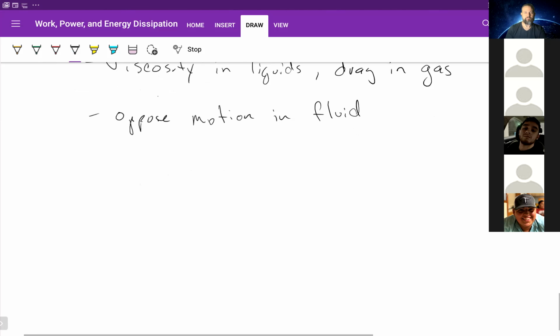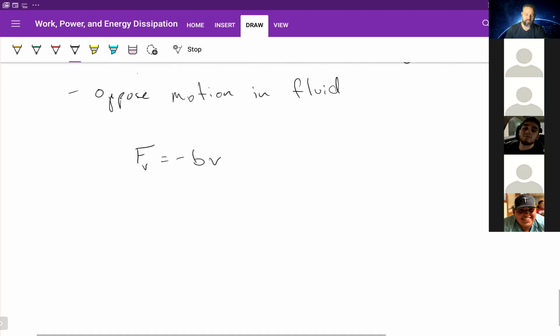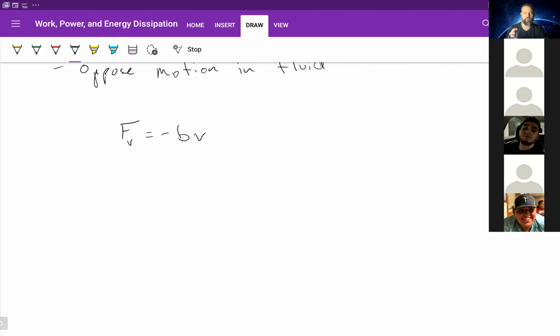For viscosity, we have the equation, and we're not going to go through all the details of how it comes to that, but for a liquid, we have the force of viscosity, F with a subscript V. It's equal to negative B times V. This B is kind of like our mu for the friction.